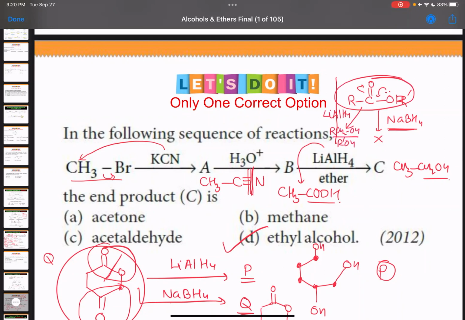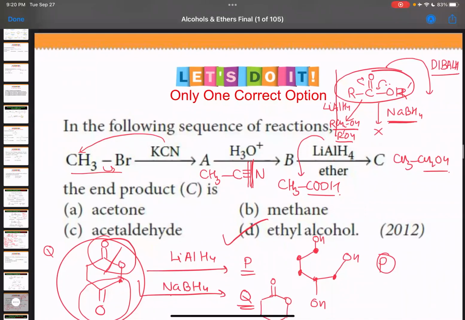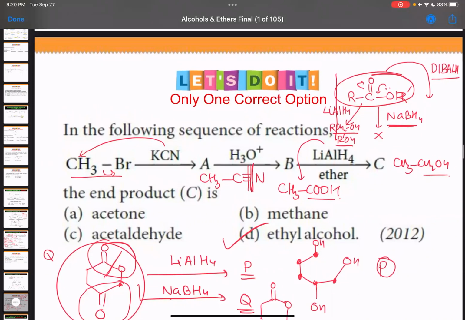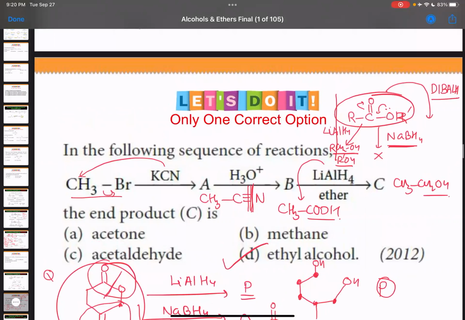They may be the same or different. That depends. And there is one more reducing agent known as DIBAL-H. What does this stand for? This is the abbreviated name. Diisobutyl aluminum hydride. Isobutyl is this one, 1, 2, 3, and 4 carbon atoms, and this is aluminum hydride.